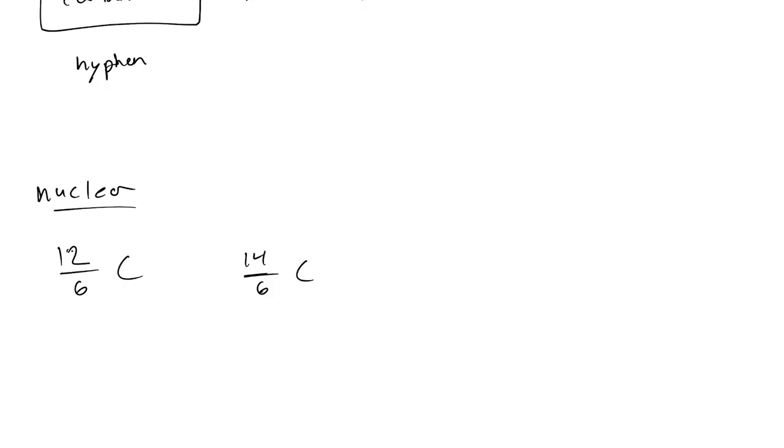So the top number is the mass number and the bottom number is the atomic number. Now, this would be the same for all isotopes.